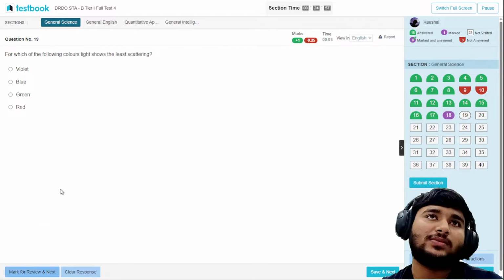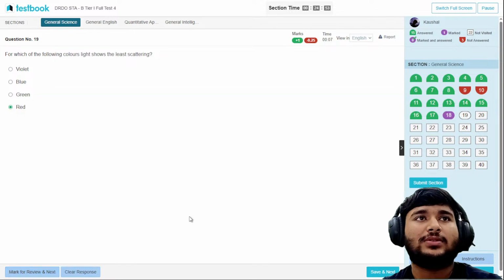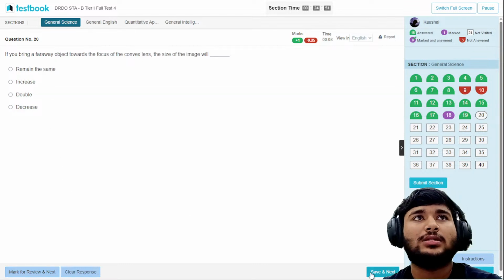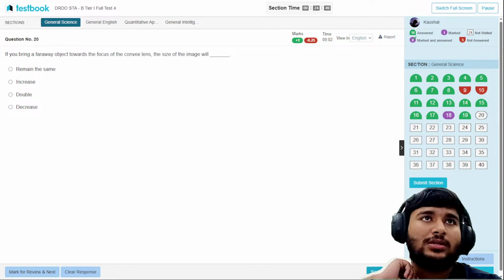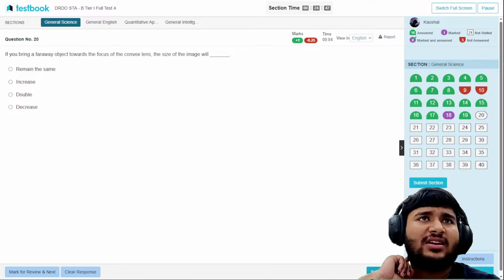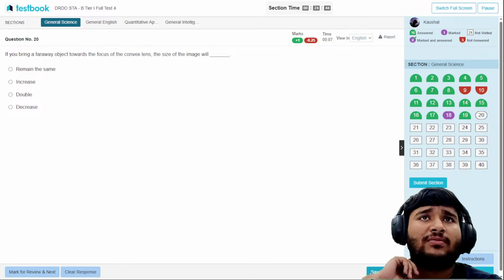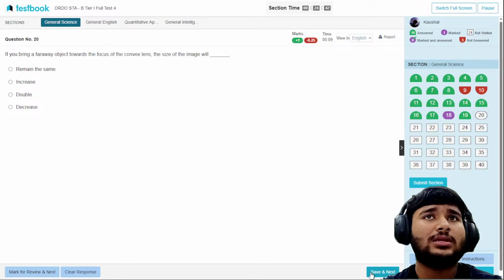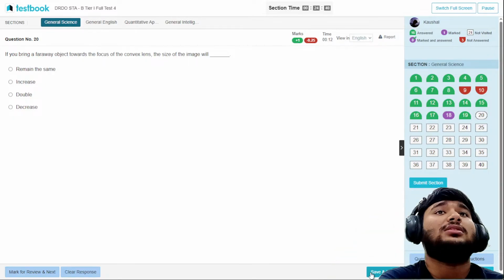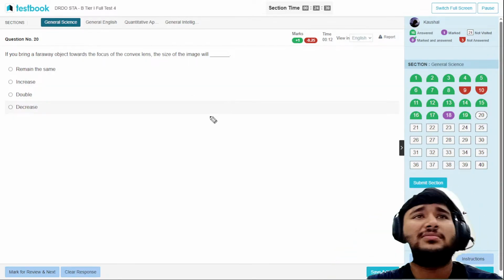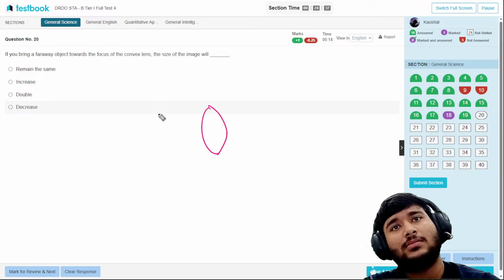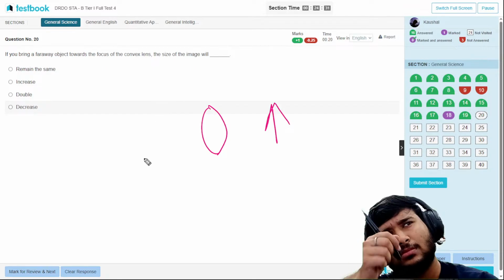For which of the following colors light shows the least scattering? If you bring a far away object towards the focus of a convex lens, the size of the image will... पास लेके आ जाएंगे तो क्या होगा? बड़ी हो जाएगी.